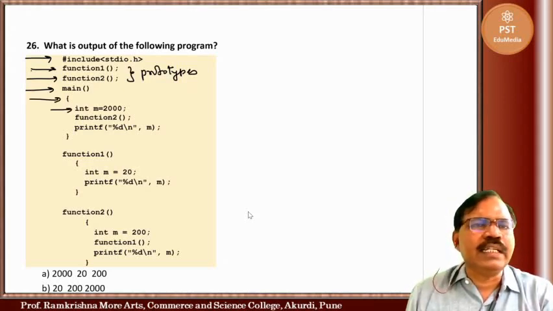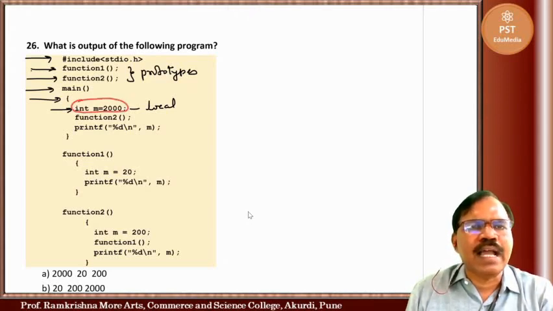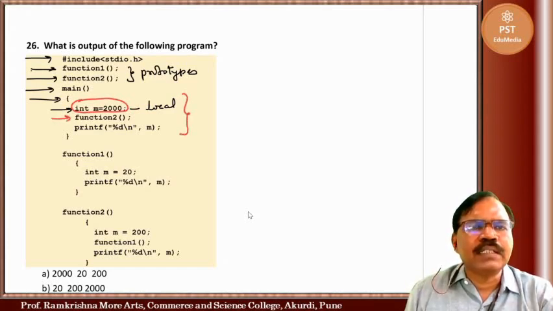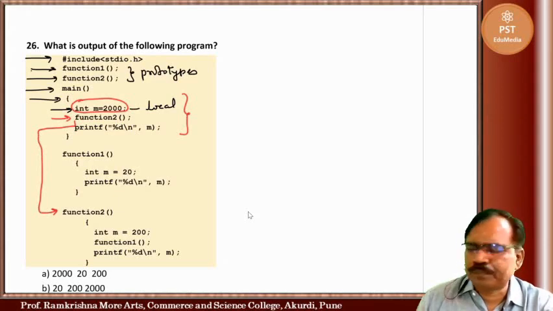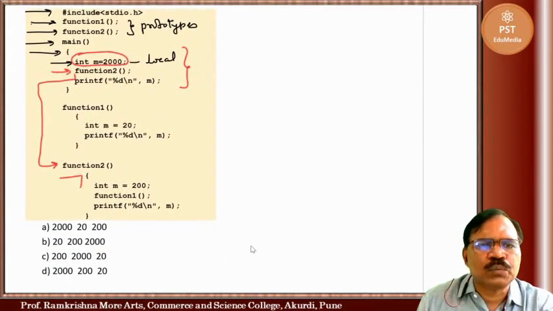So this is an integer variable. This variable is a local variable. Its scope is for the main function only. Then what happens? Function 2 is called. So control will go to function 2 directly. It will enter in function 2.